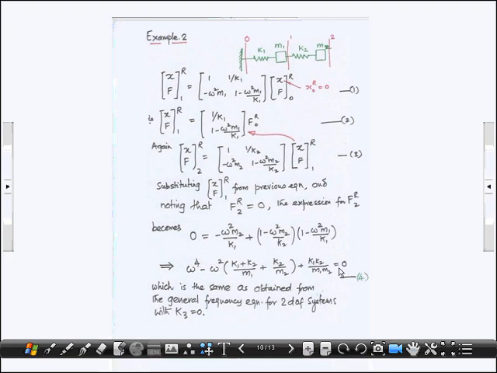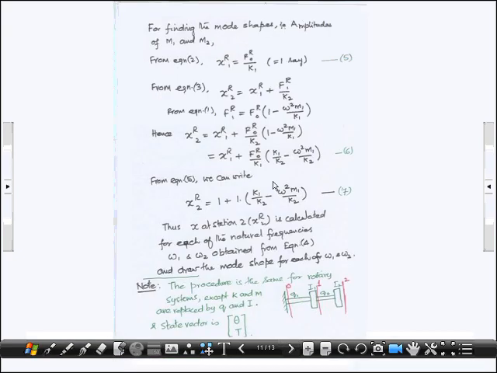So applying Holzer's method also, you get the same frequency equation. Once you get this, all you need to do, knowing the values of K1, K2, M1, and M2, is solve this equation to obtain the two frequencies omega 1 and omega 2, which are the two natural frequencies of the system.